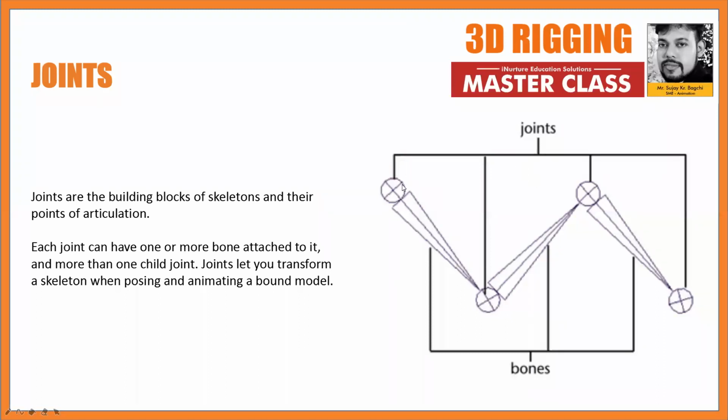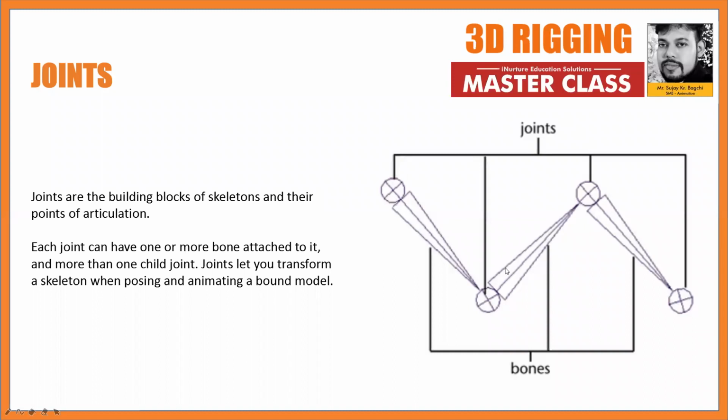So always remember, the thicker portion is going to be a parent, and the thinner or pointed portion is going to be a child. If I target this zigzag bone and joint orientation, the tiny circle over there is the child, and the thicker portion is the parent of that child, and it goes on and on.